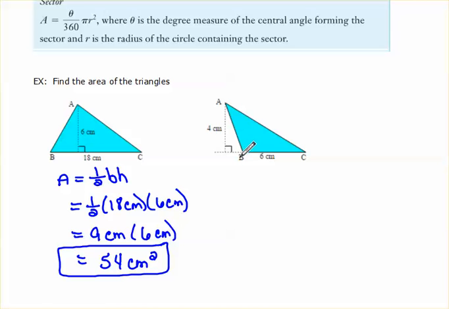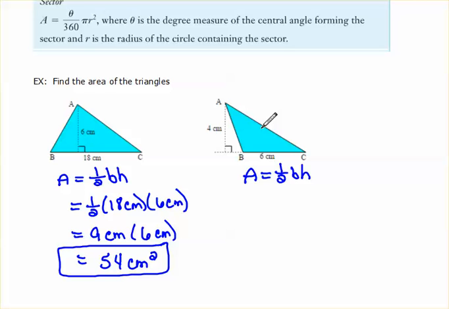Okay, now what about this one? Again, the area formula for a triangle is 1/2 the base times the height. In this case, though, in order to have a height, our height had to be drawn outside of the triangle, because nowhere in here could I draw a line that's perpendicular to that base. I had to go outside the triangle in order for that to happen.